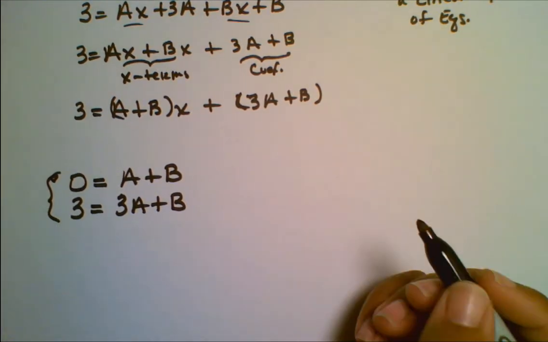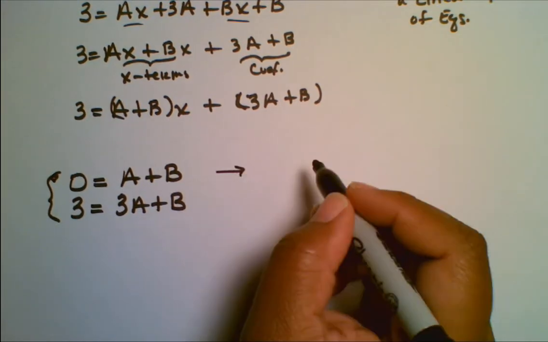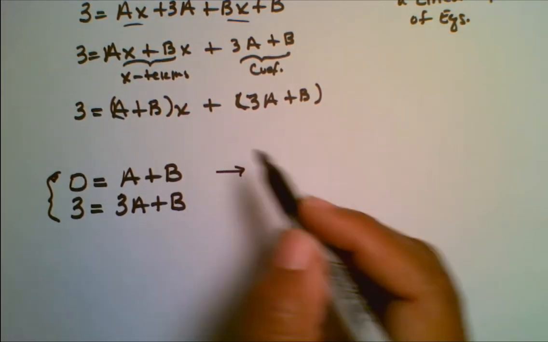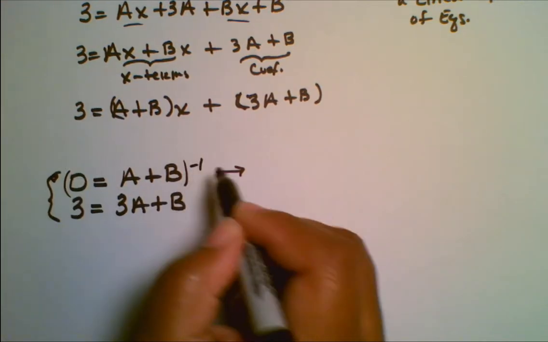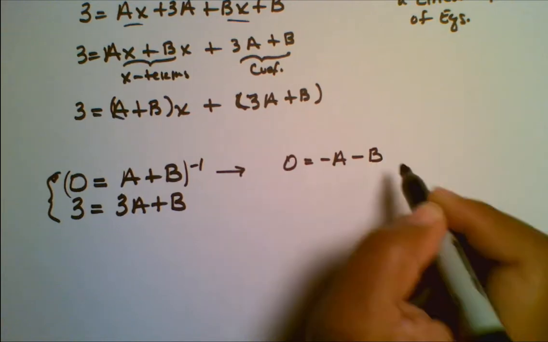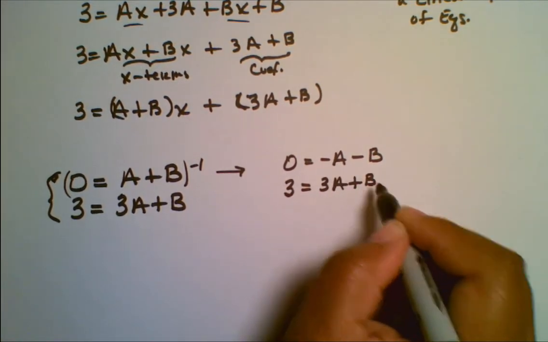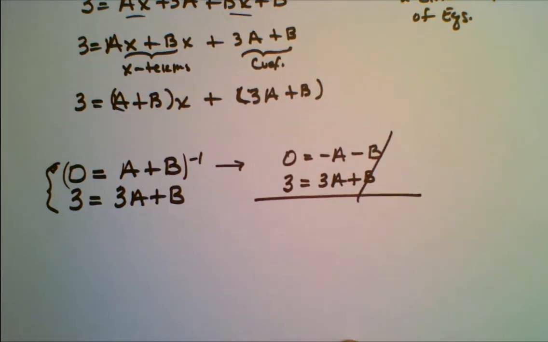We're going to use elimination. I'm going to multiply the first equation by -1. We have 0 is equal to -A minus B, keeping the second equation the same. The B's cancel out here.